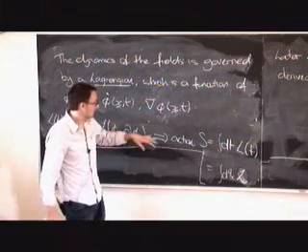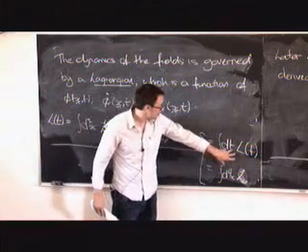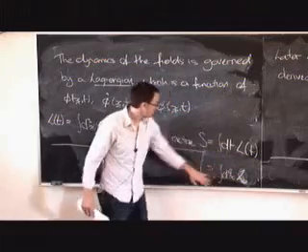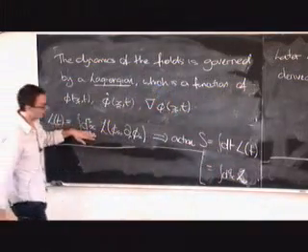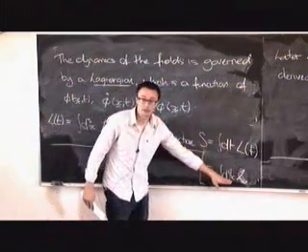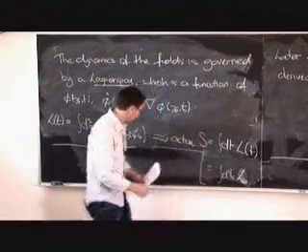So the action is the integral over time of the Lagrangian, but because the Lagrangian itself is the integral over space, the action becomes the integral over space and time of this thing called curly L.